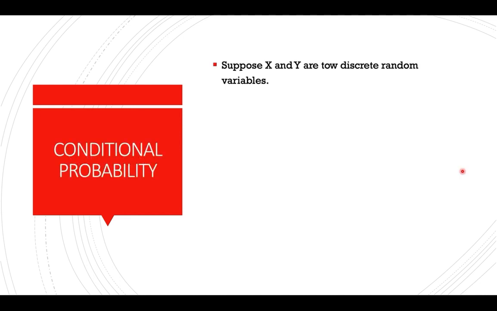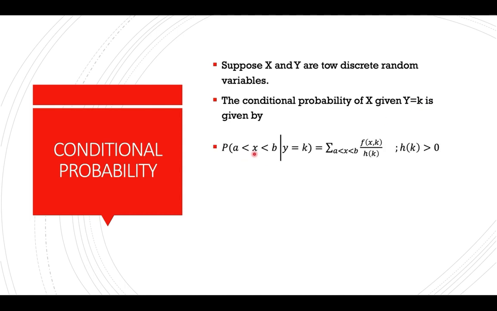What is conditional probability? If x and y are two discrete random variables, the conditional probability of x given y equals k is given by the following. If x is within a given interval, satisfying all integers between a and b, given y equals k, we take the summation from x equals a to b of f of x, k over h of k.